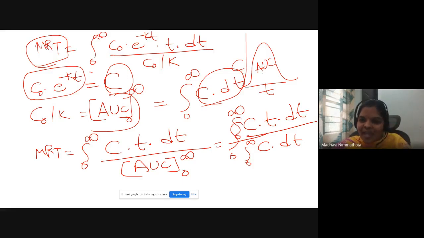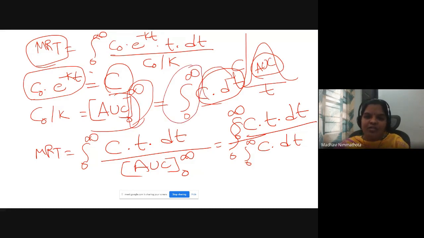That's why, instead of writing AUC, you can write total plasma drug concentration with respect to time. That's why AUC 0 to infinity is the integration of C into dt. The integration is as usual, the only difference is C into dt. So if you apply your knowledge in this way, the derivation of this equation is very easy.